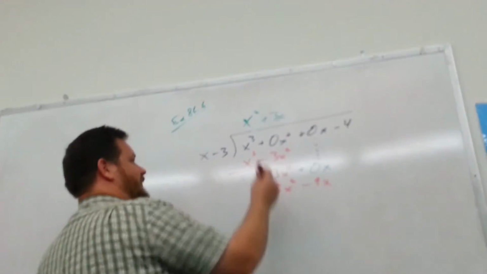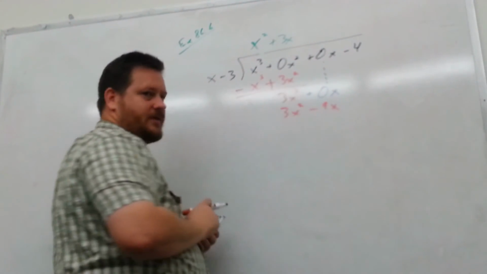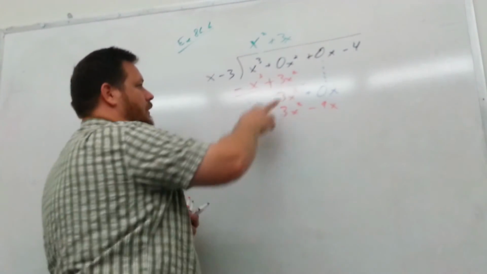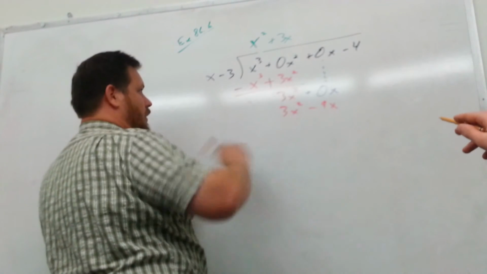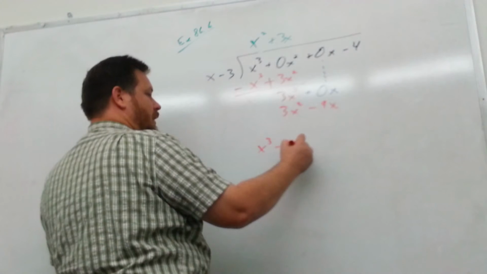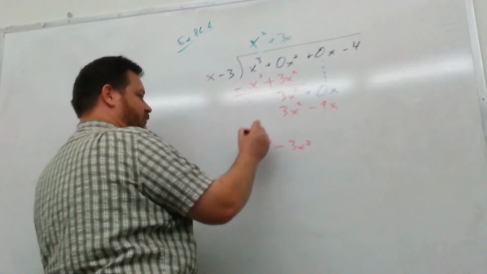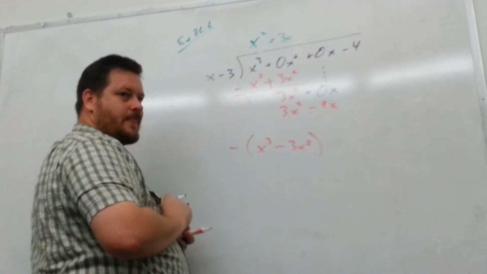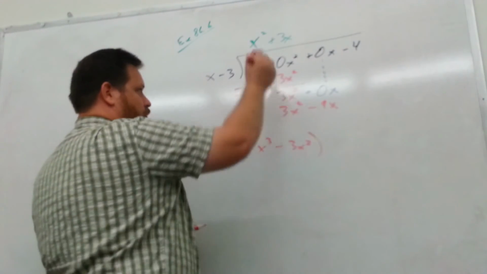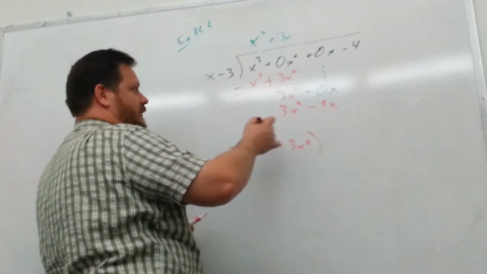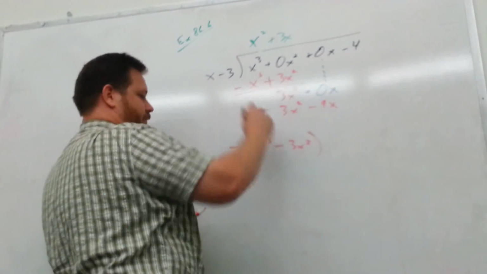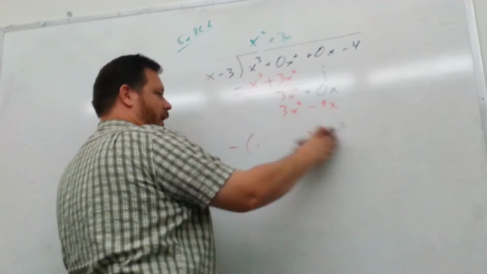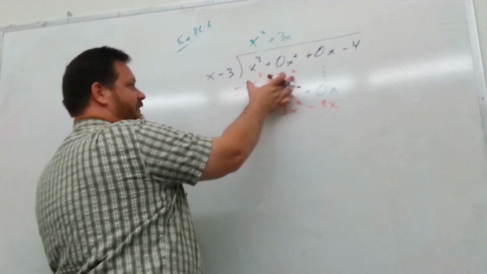But then when I subtracted, I had to carry through the sign change. If I don't want to write parentheses every single time and distribute the negative, this saves me some writing, because I'm subtracting that whole thing.